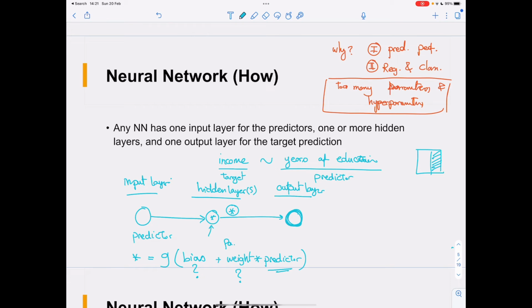This is a parameter, and this is a parameter. It doesn't matter whether it is parameter 1 or 2, from the left side or right side. So the neural network tries to find this parameter and this parameter. So let's write it.